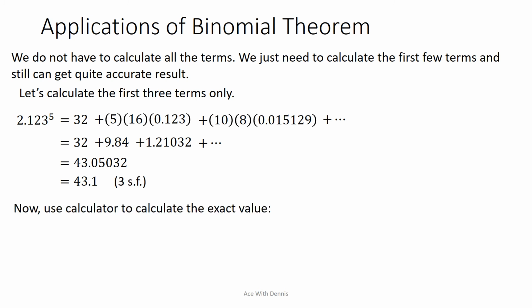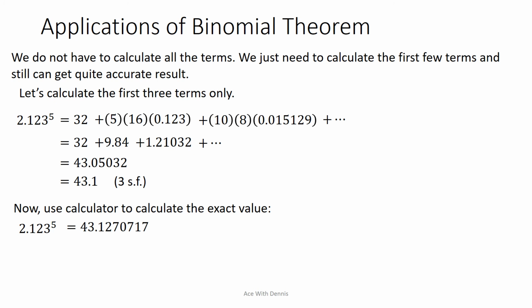Now you can take out a calculator and calculate the exact value of 2.123 to the power 5. The answer is 43.1270717.